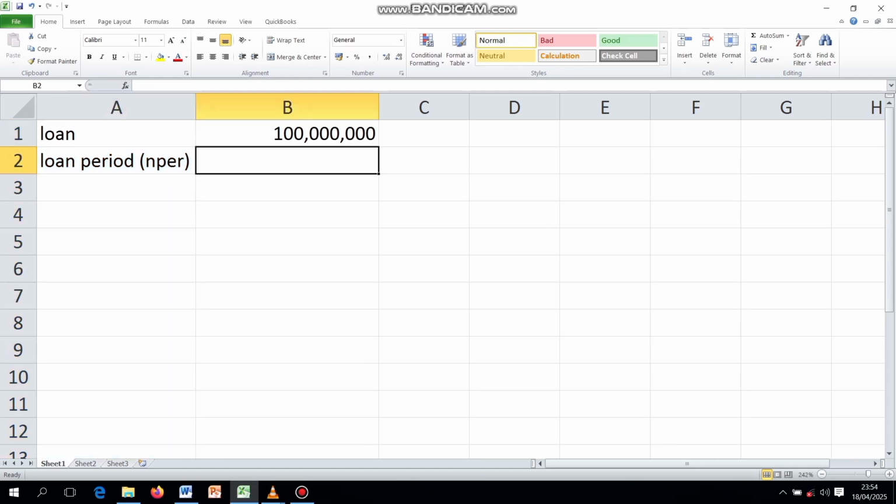So the loan period which we were given is 10 years.